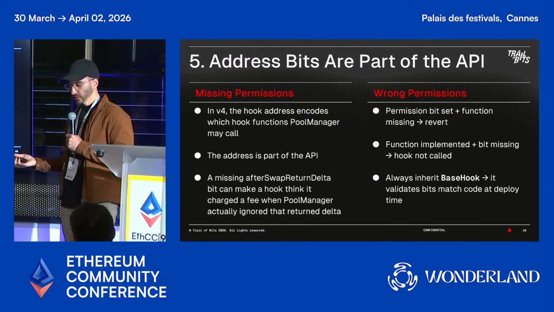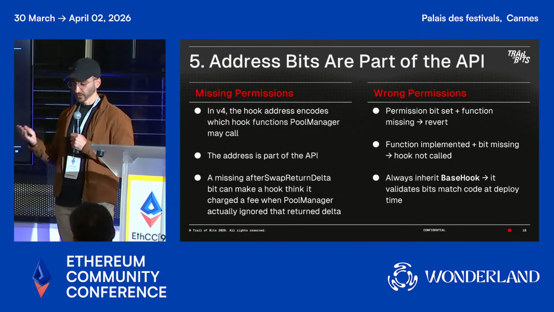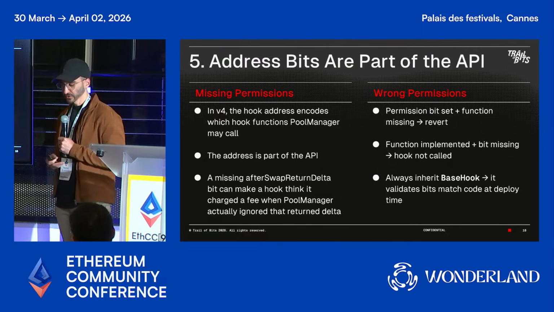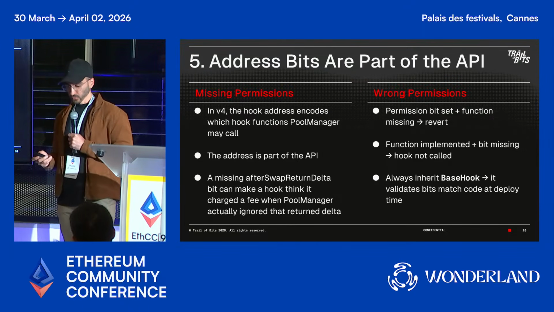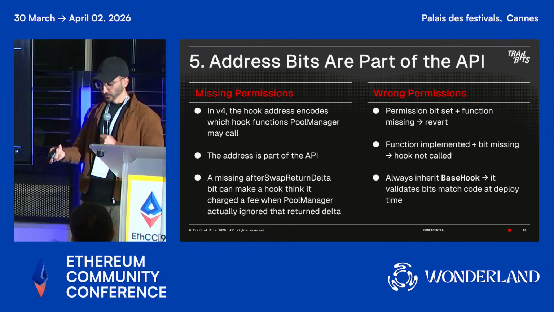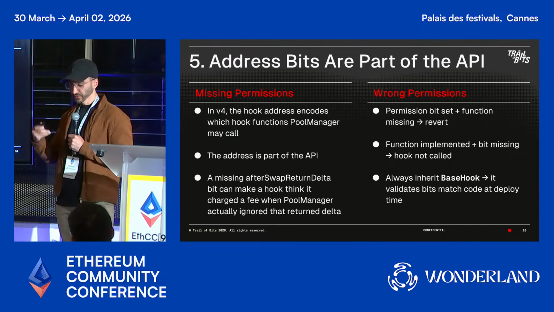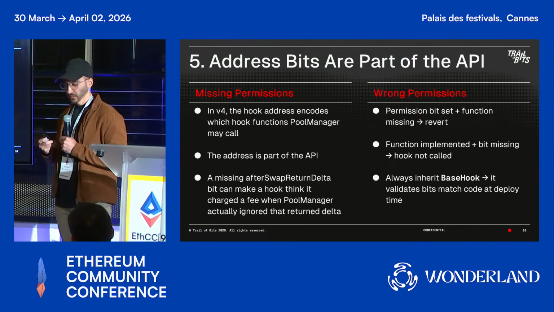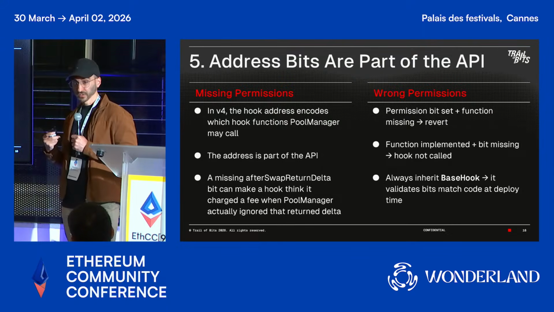The other way around, if there is a function but the bit is not set in the address, the pool manager will never call it. So we saw some cases, for example, the after swap return delta, which is a flag that tells the pool manager, hey, we are doing things with the delta. If the bit is missing, then the pool manager will never call it.